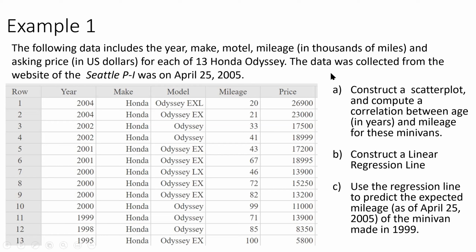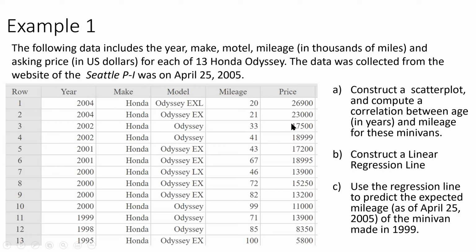First of all, I just want to turn your attention to the fact that we could make a couple of associations here. For example, we're gonna find the age of each car by subtracting the year it was made from 2005. That will give us an age, but we could associate either age with the mileage or age with the price.